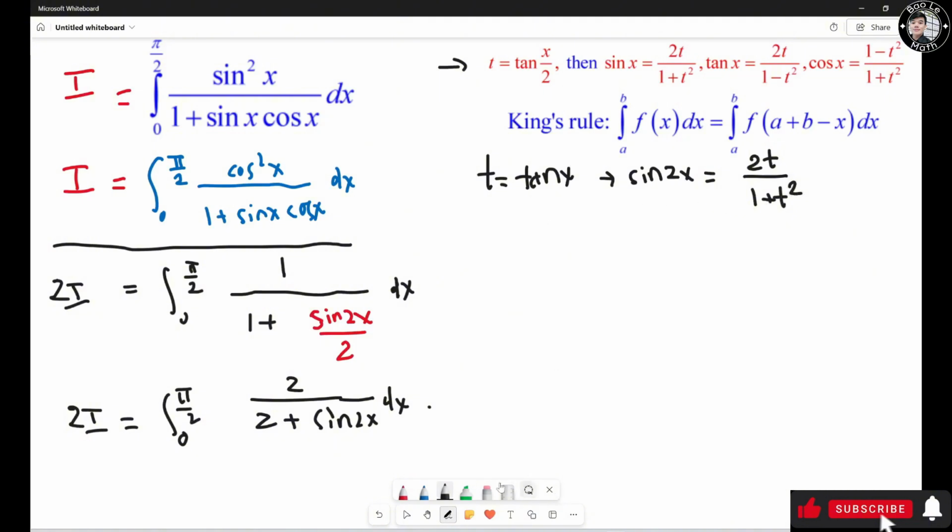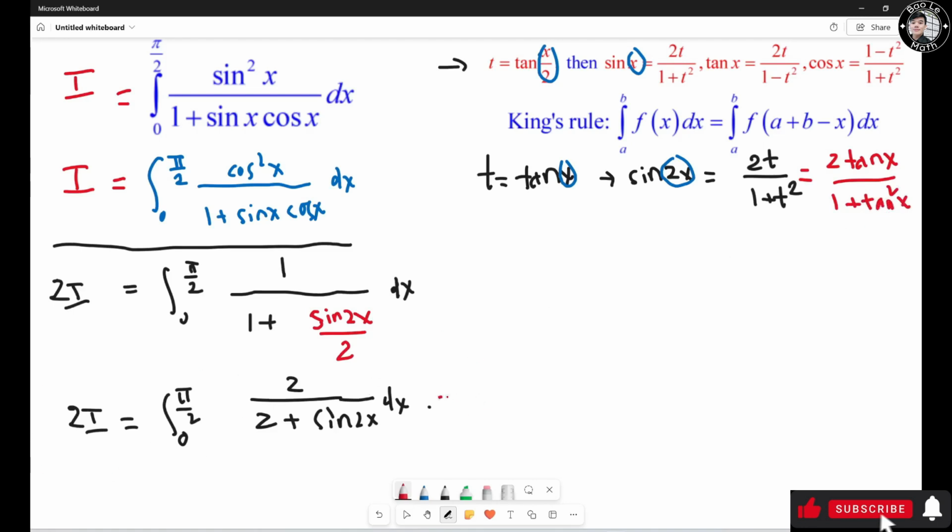Remember that this angle is double this one, so we can apply the formula. So I just replace t with tangent s, and this turns out to be 2 tangent s over 1 plus tangent squared of s.